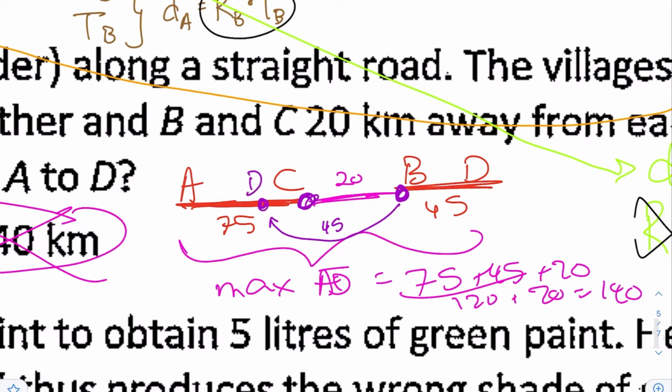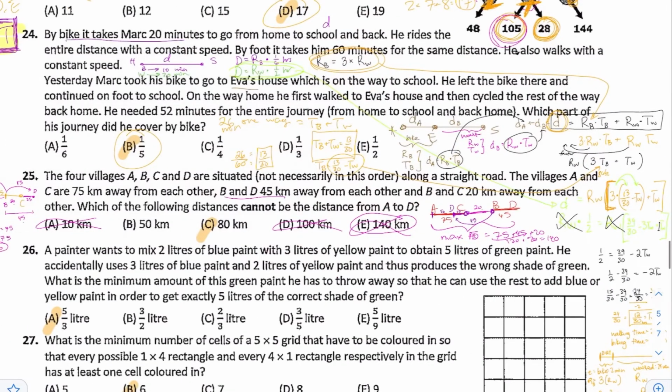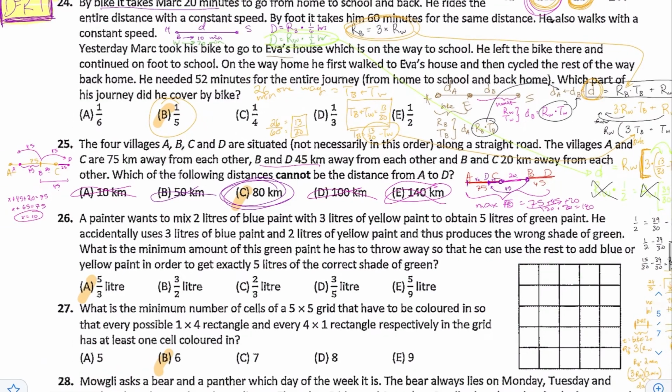So that means that B to D would be 45. This distance from C to D would be 45 minus 20, or 25. And then A to D would be 75 minus 25, or 50. So that's how you get the 50 here. So the one that cannot be it would be 80.